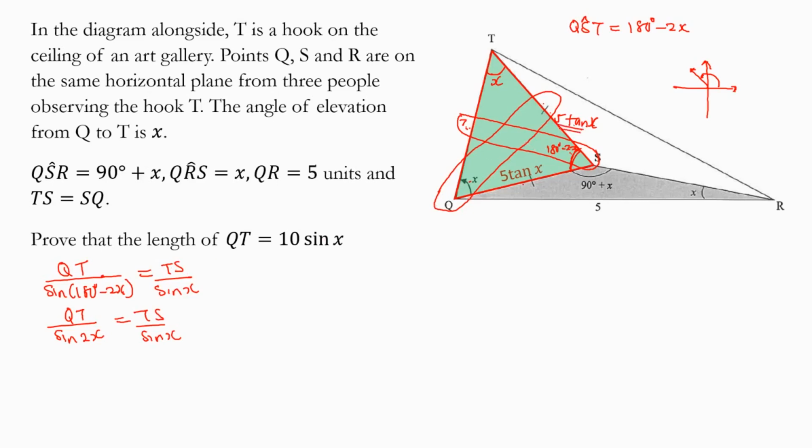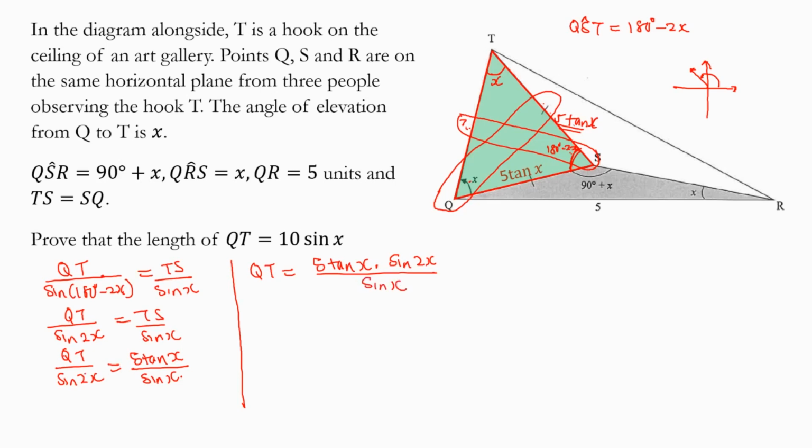So QT over sine 2x is equal to 5 tan x over sine x. Let's make QT the subject, so we multiply by sine 2x on both sides. QT is equal to 5 tan x times sine 2x over sine x.